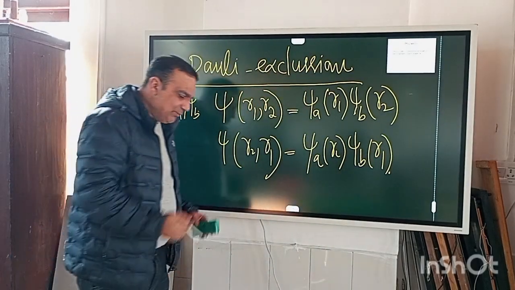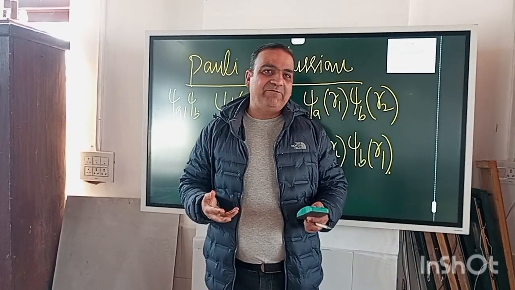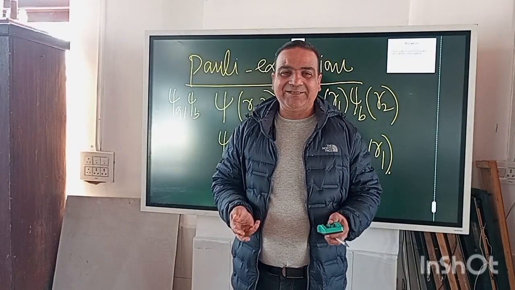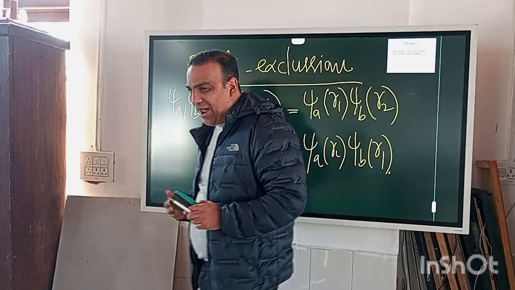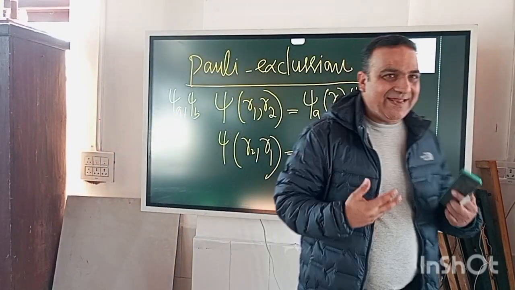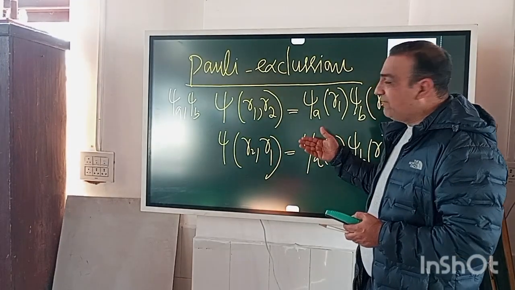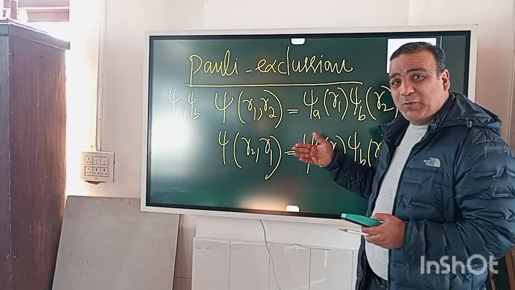Now, what is important here is that two electrons are purely identical. You cannot differentiate one fermion from another fermion. They are identical, and what you are doing is writing down the wave function, the state of the two particles.